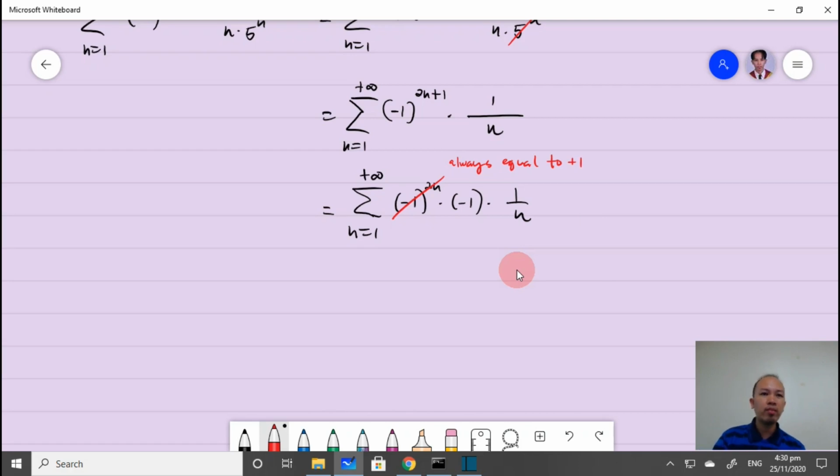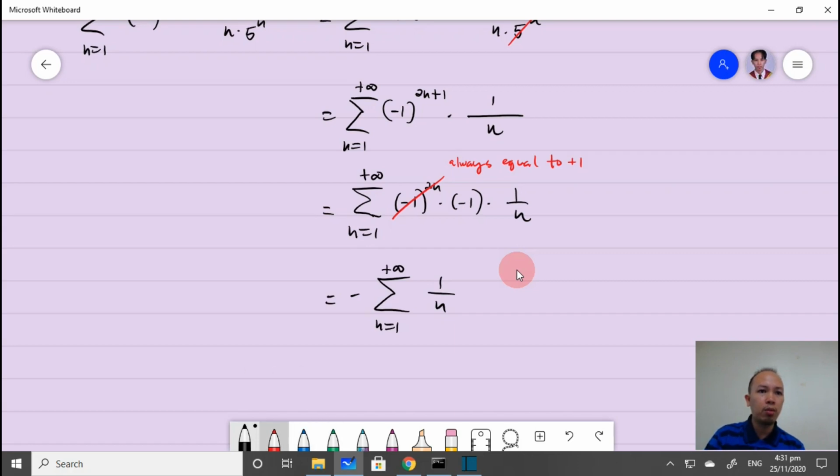Okay? So if we further simplify this one, we can factor out negative. This is 1 over n, where n starts from 1 to positive infinity.